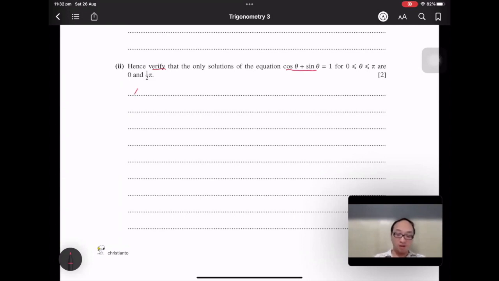For x equals 0, we have cos 0 plus sin 0 equals 1. Cos 0 is 1, plus 0 equals 1. So this is correct.